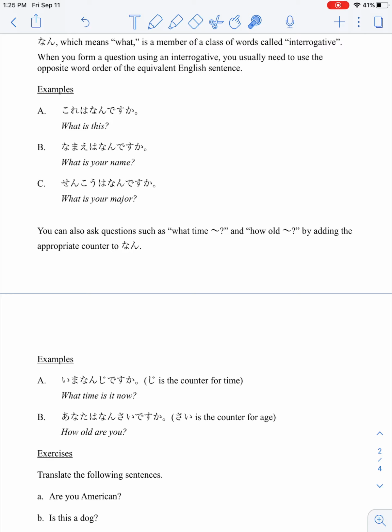So to ask what time is it now, we say 今何時ですか? Nan plus the counter for time, ji, and 何時ですか? And sai is the counter for age. So nan plus sai, and あなたは何歳ですか? How old are you?